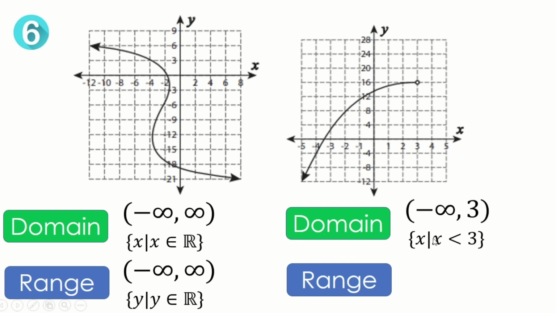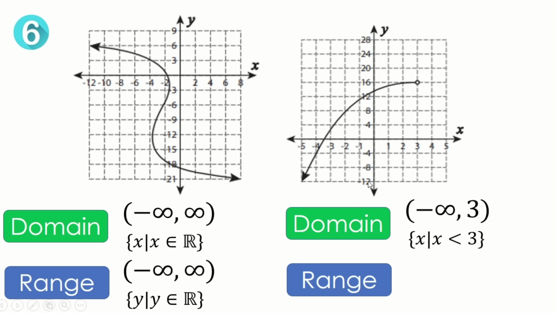Ibig sabihin, your x is less than 3. The value of your domain is x less than 3. So, mula dito, kay 3 pababa, except 3. Okay? X is less than 3. So, simula dyan, pagpuntang -infinity. Ano naman yung range natin?